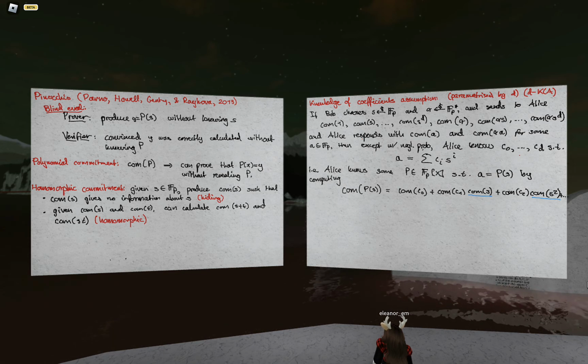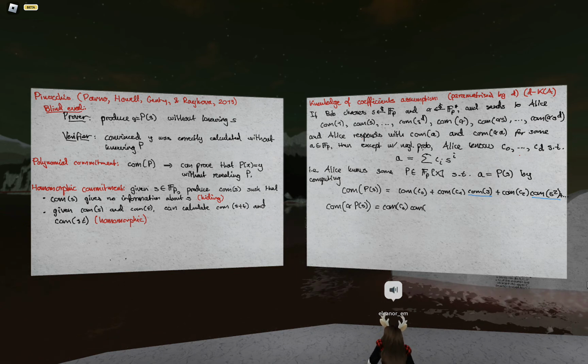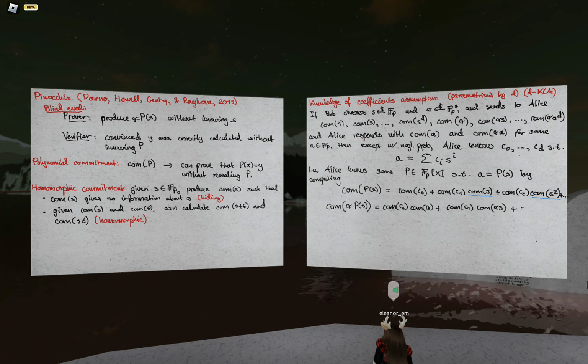And she can also compute alpha P of S by multiplying the commitment to C0 by the commitment to alpha, plus the commitment to C1 times the commitment to alpha S, plus the commitment to C2 times the commitment to alpha S squared, and so on.